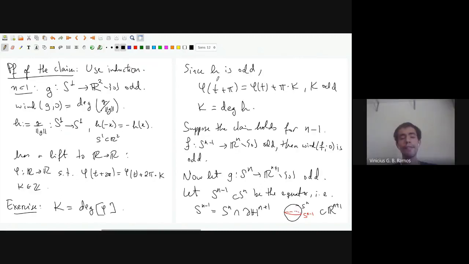Yeah, k is odd because the function h is odd. Maybe you should see it this way: since h is odd, we can find a phi that has this form. When you switch the sign of x, which you can think of as adding pi, you have to have the same thing but with a different sign.